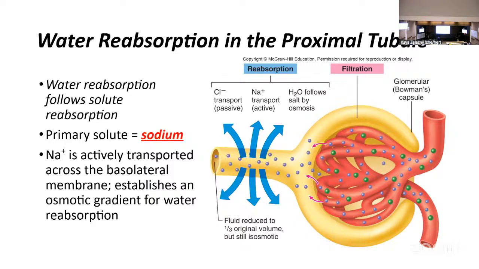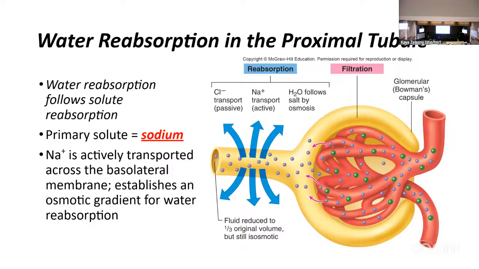Okay. And this actually establishes what we refer to as an osmotic gradient for water reabsorption. So an osmotic gradient, remember when we think about osmotic pressures, when we're thinking about Starling forces, we're thinking about a pull on water, right?